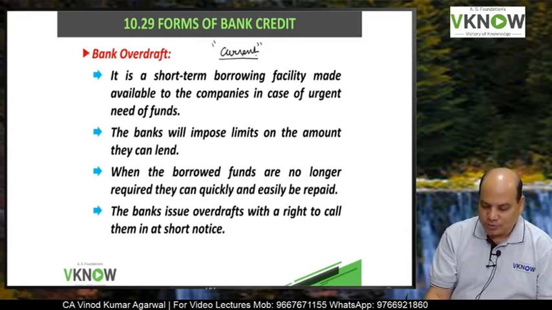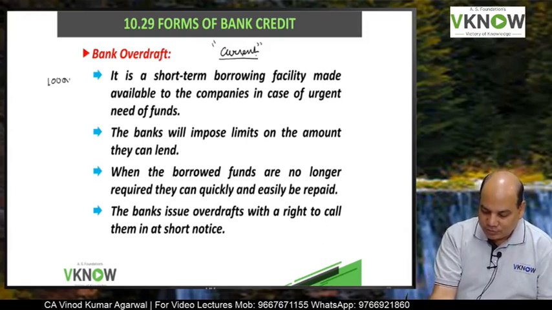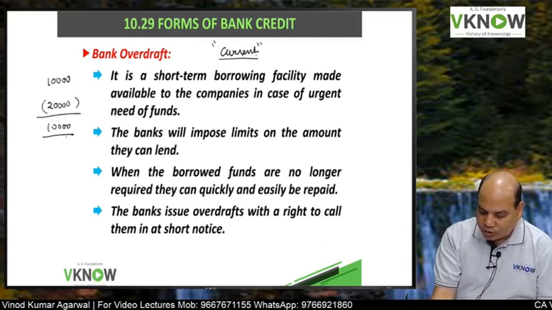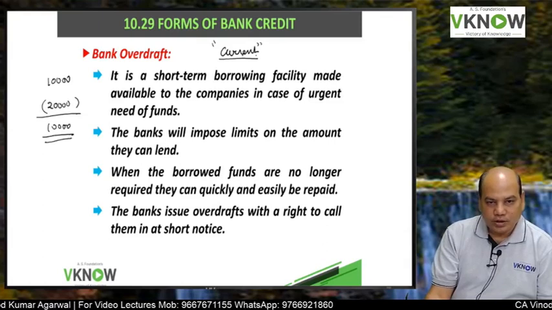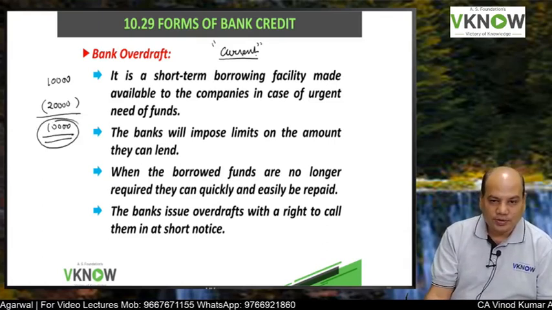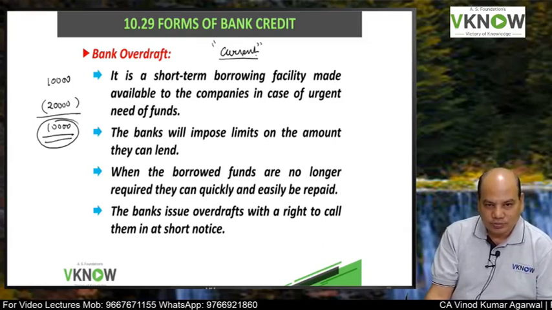Suppose balance is 10,000 and you have withdrawn 20,000. So 10,000 is called bank overdraft. Is it right? Interest will be charged only on 10,000 rupees for the period for which it remains overdrawn.